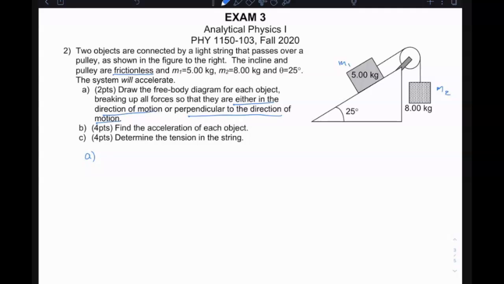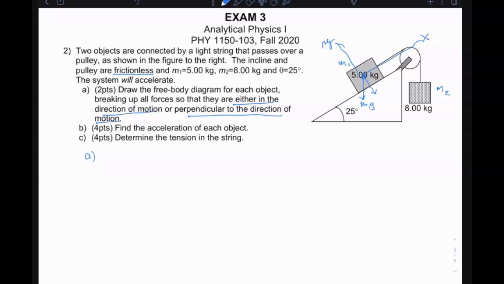So we know that mass 1 has its weight acting down, so it has perpendicular to the y direction, if we call this the x direction, and we call this the y direction. The x direction would be the direction of the motion, and the y direction will be perpendicular to that direction.